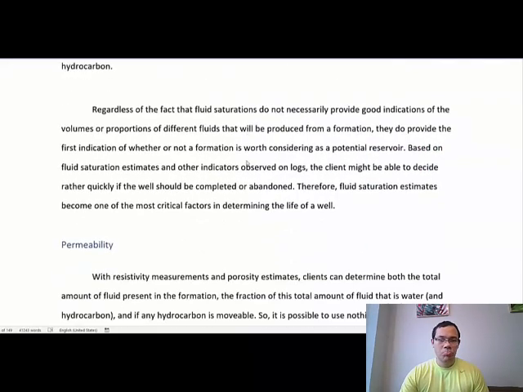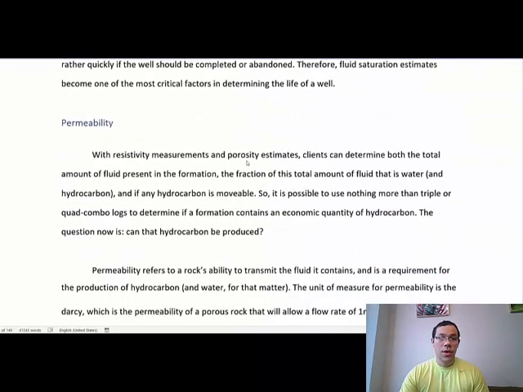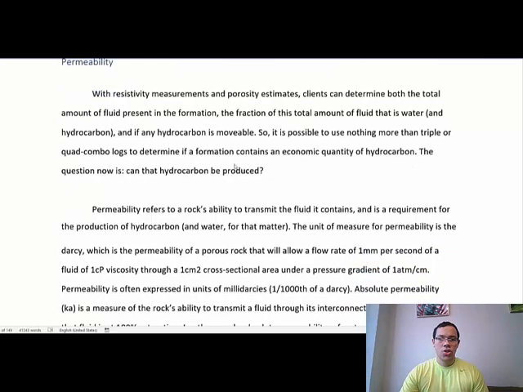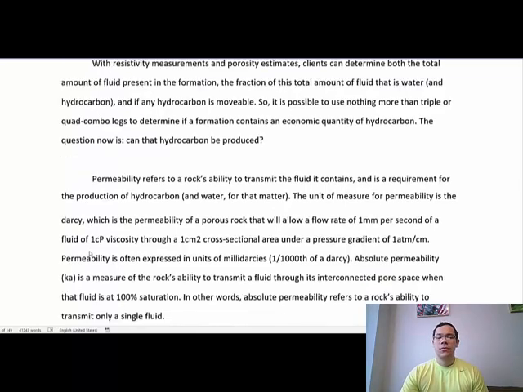Let's move on. Okay, permeability. Permeability, in short, and I like this one, refers to a rock's ability to transmit the fluid it contains. It is expressed in Darcy, and this is the technical definition, you can read it.